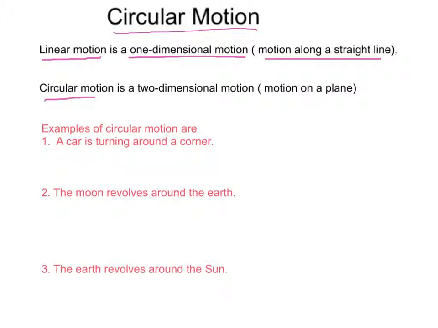For circular motion, it is a two-dimensional motion, 二維嘅運動. That means the body moves on a plane. Examples of circular motions are: first one, a car turning around a corner.